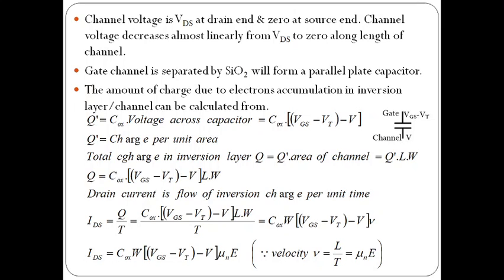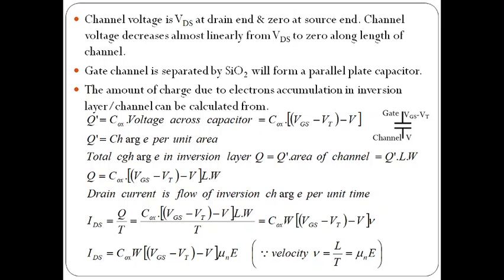The channel voltage is VDS at the drain end and 0 at the source end. Increasing the drain voltage, the channel voltage varies from 0 to VDS, with VDS present at the drain end and 0 potential at the source end.